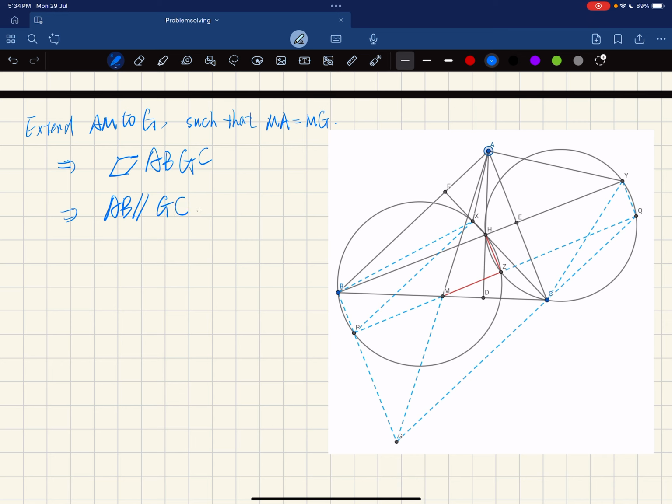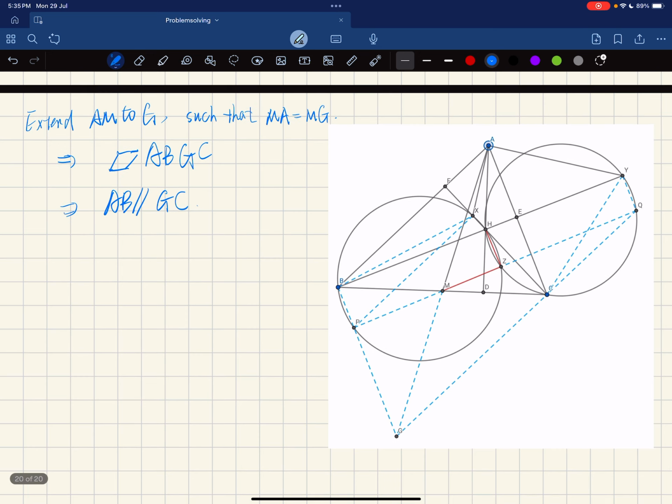For example, if we connect the points BG, let the segment BG intersect the circle BHX at another point P, and if we extend the segment GC, let it intersect the circle CHY at another point Q. So we have got these 2 points, P and Q. So what can you observe from this diagram?